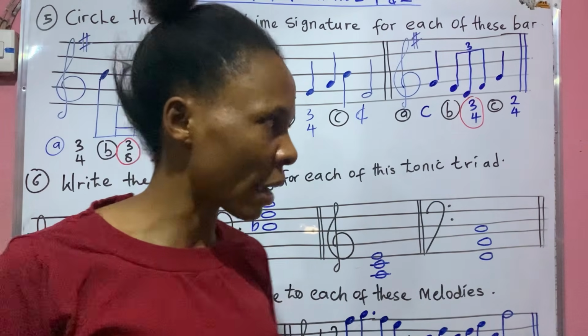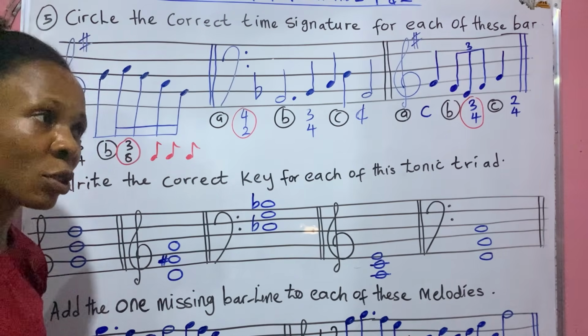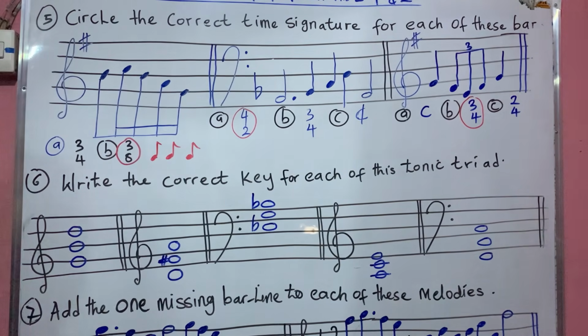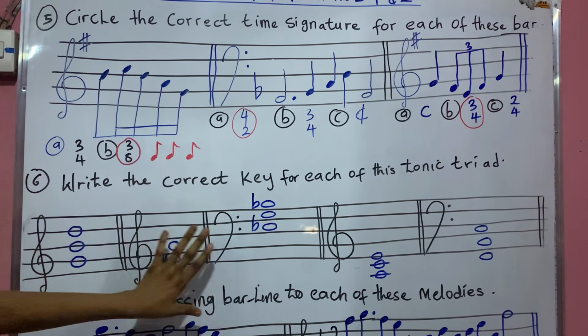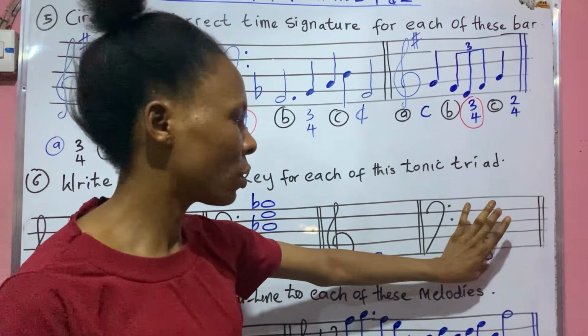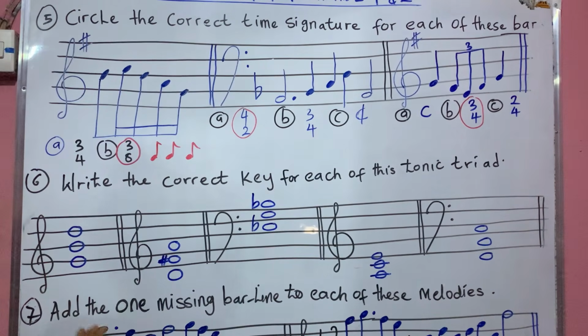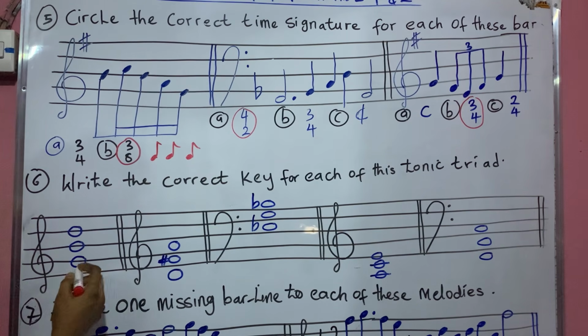Okay, then the next question, that's number 6, says write the correct key for each of these tonic triads. Now these are triads in root position. Once you see their position, you just know it's a triad in root position. So the first one here has the notes G, B, and D. So what is the note G, B, D?